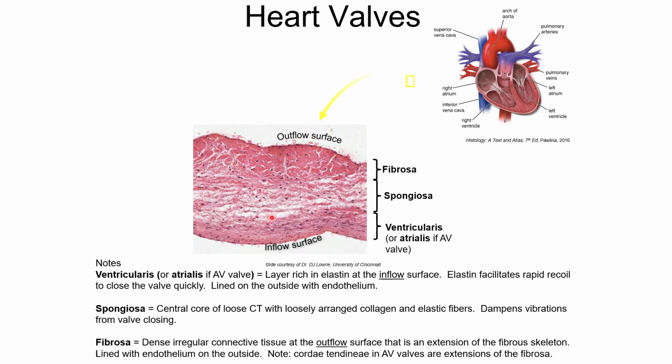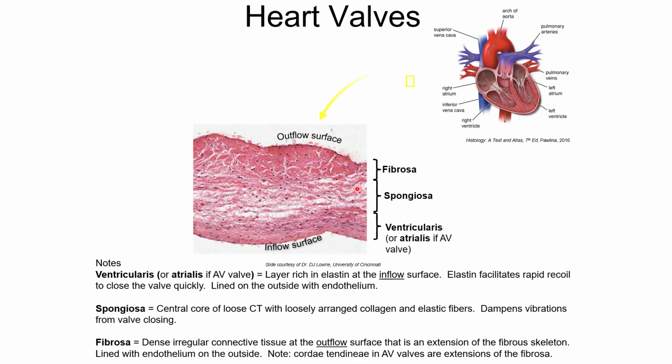We have the layer called ventricularis or atrialis, and this layer is rich in elastin at the inflow surface, and this elastin facilitates the rapid recoil of the valve.